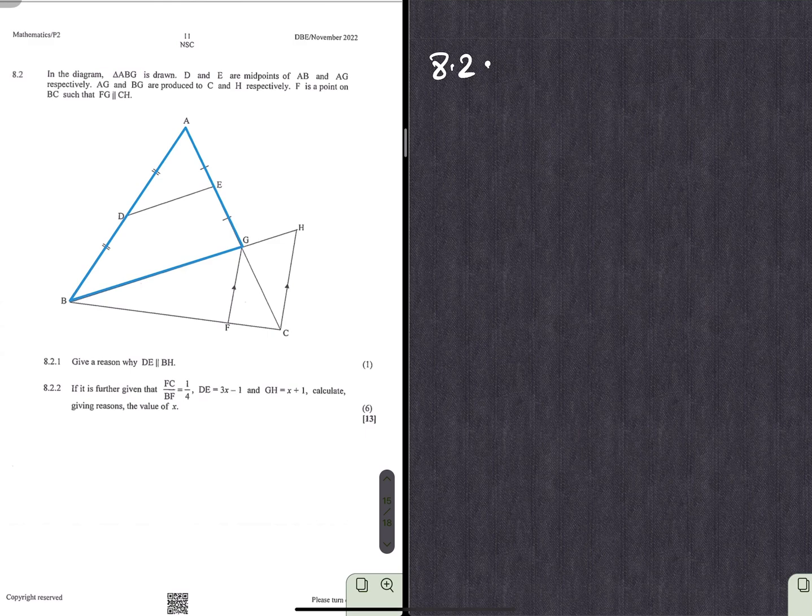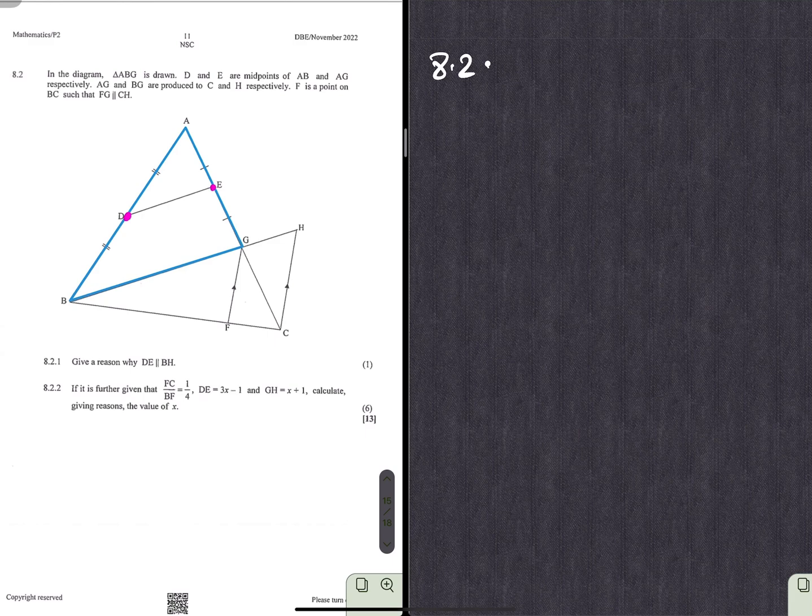D and E are midpoints of AB and AG respectively. Okay, those are midpoints, and their sides are equal, so the sides are in proportion.